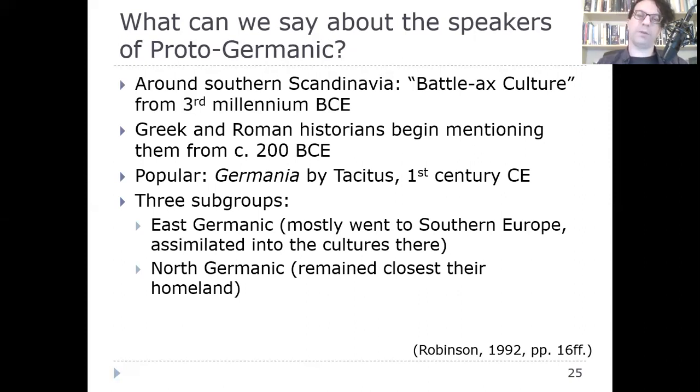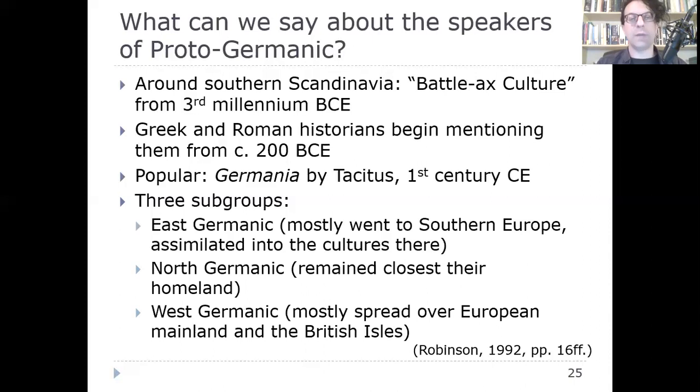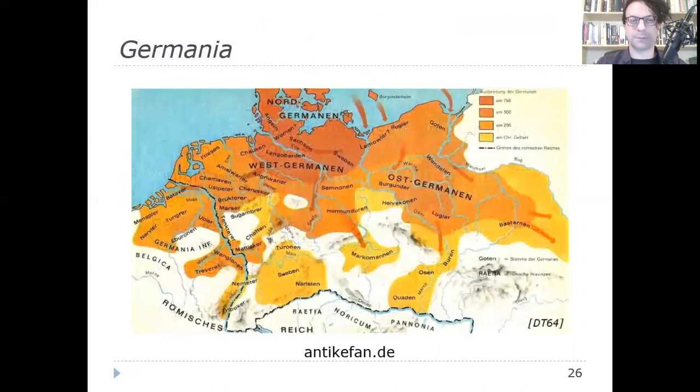These were the people that ultimately remained closest to their original homeland, which is southern Scandinavia. But also they famously moved to Iceland and other regions. And then West Germanic, which are the languages that then spread mainly over the European mainland and then also towards the British Isles. So English, German, Frisian and so on, are West Germanic languages.